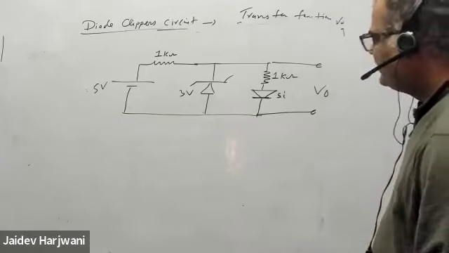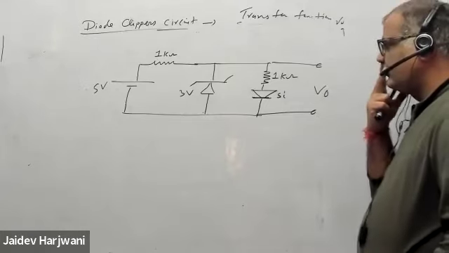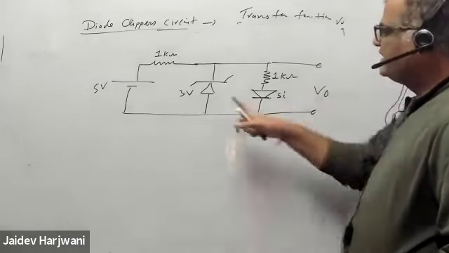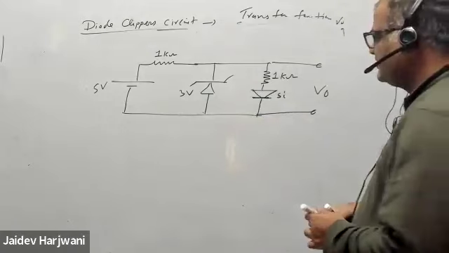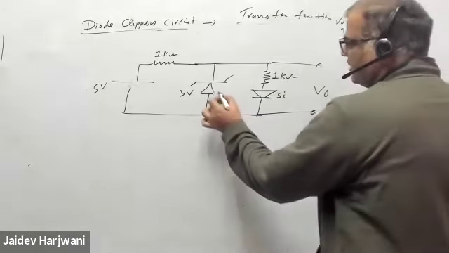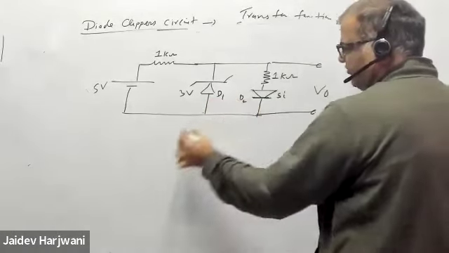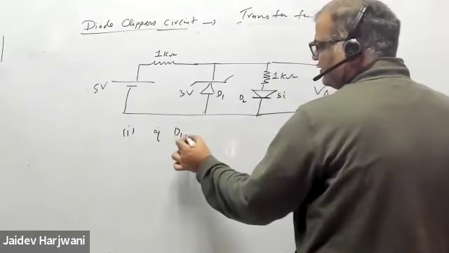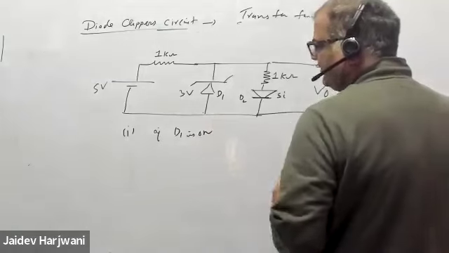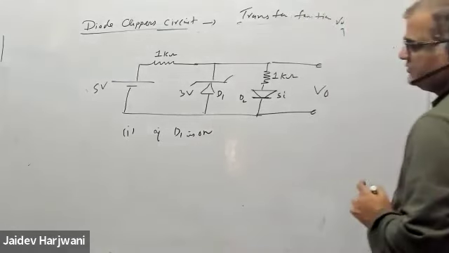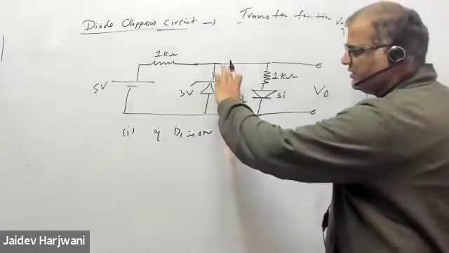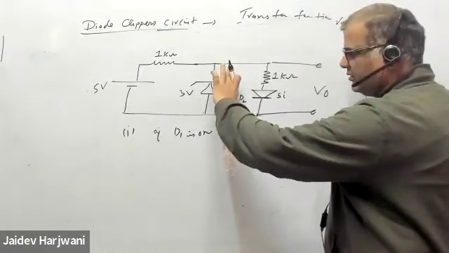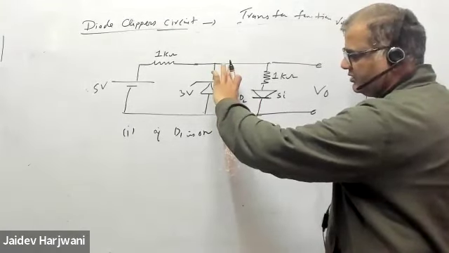Okay, if I say this Zener is on, say this is diode D1 and D2. In the first case, if D1 is on, then how much voltage comes here? 3 volt, right?